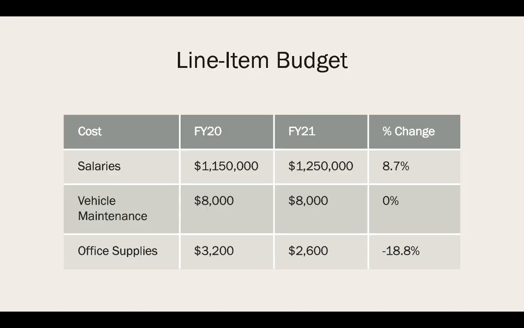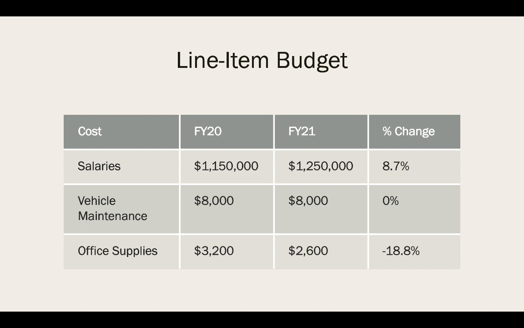So here, those salaries, I'm going from 1,150,000 to 1,250,000. If I do the new minus the old over the old and then multiply that by 100, I get 8.7%. Vehicle maintenance, there's no change, so there's 0% change. And then office supplies, we predicted a decrease.